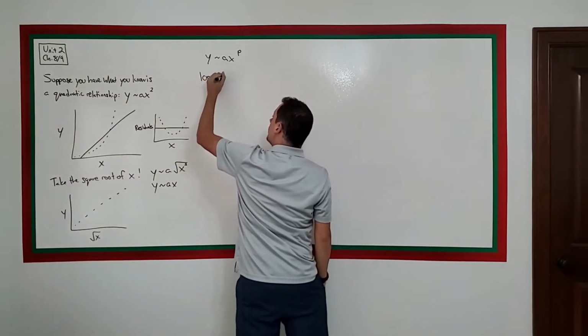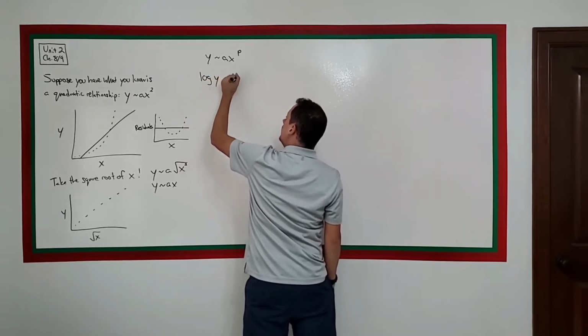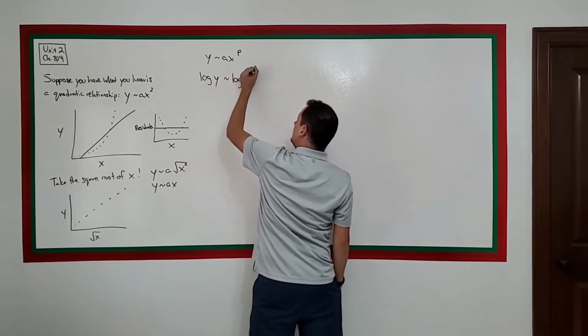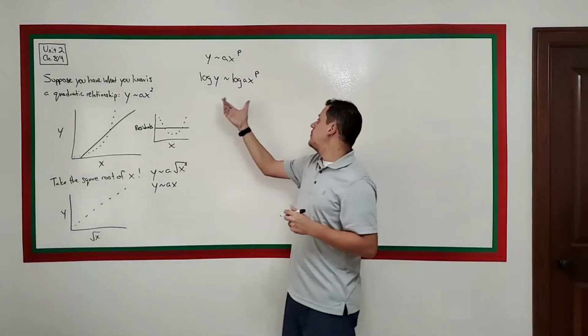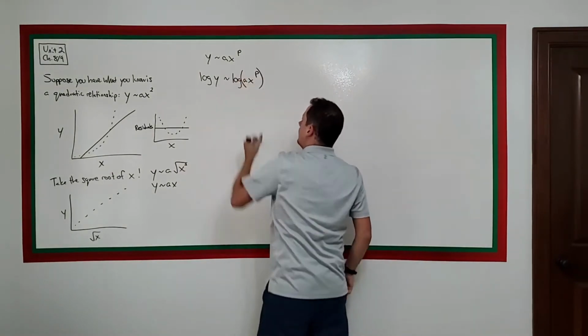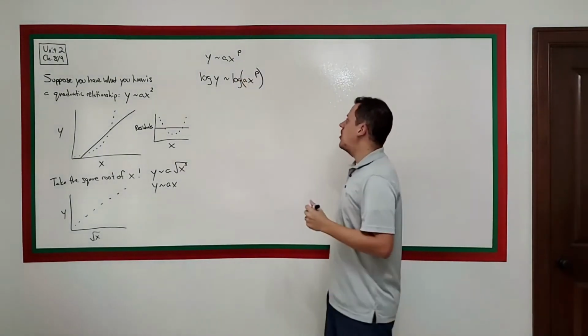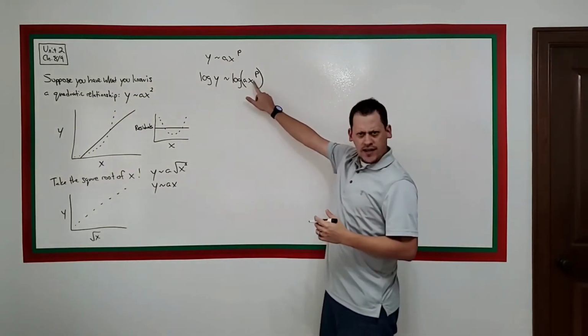So we've got log of y, and the log of ax to the p power. Okay, so we took the log of both sides. So this is really the log of that quantity, the log of ax to the pth power, and this is multiplication.